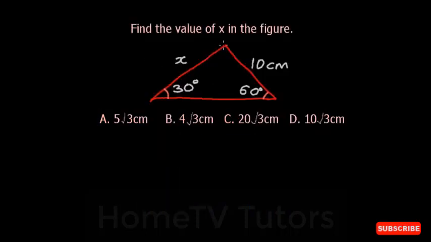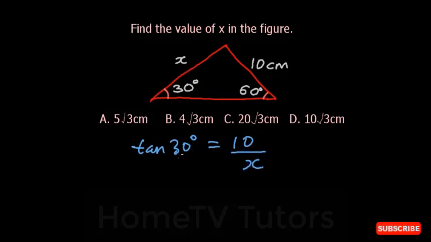Find the value of x in the figure below. Okay, so we have tan 30 degrees is equal to opposite, which is 10 cm, over adjacent, which is x.